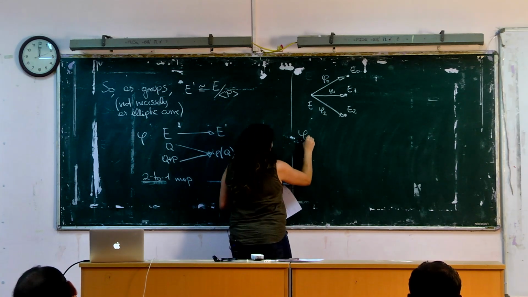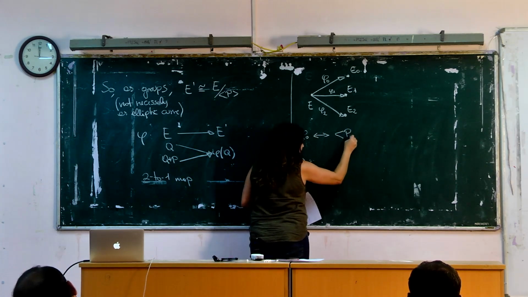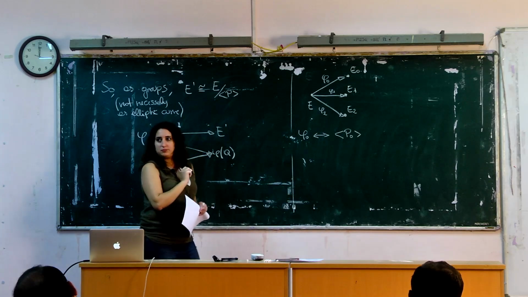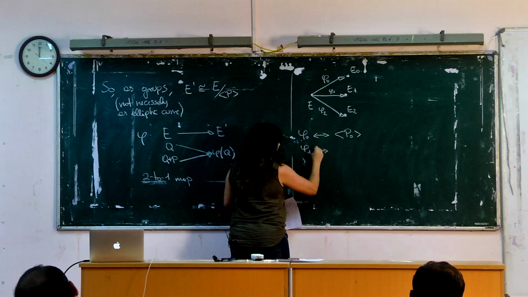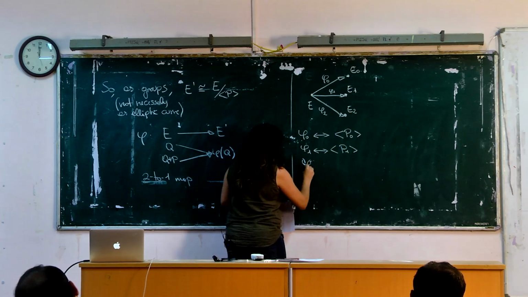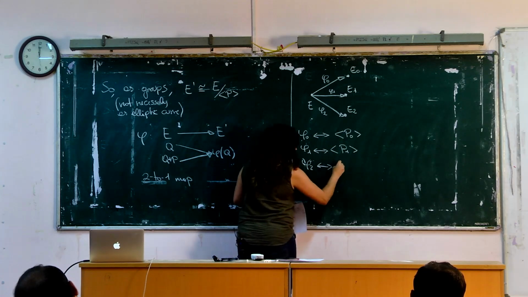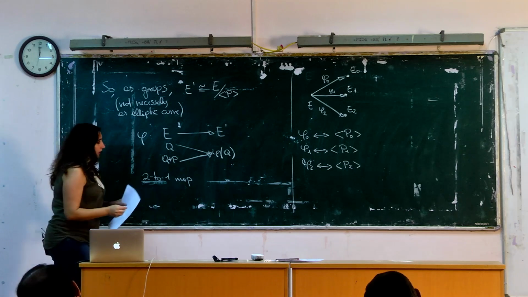So every isogeny here corresponds to a subgroup generated by a point of order 2. Okay?